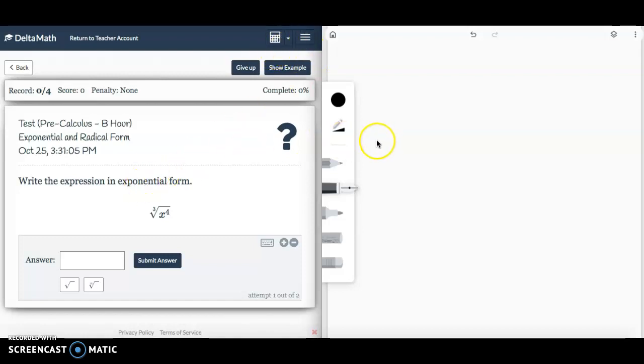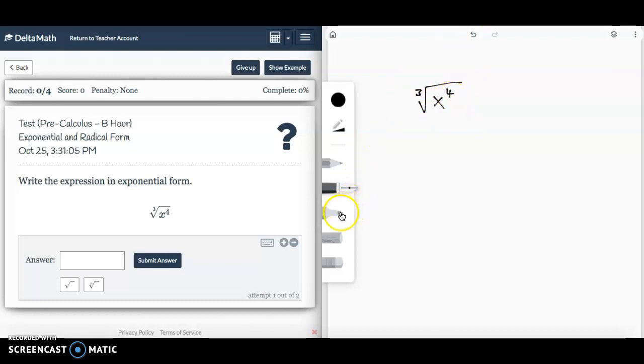So basically, we're talking about writing radicals in exponential form and being able to flip back and forth between them. So in Algebra 2, you learned very briefly about how to rewrite this as an exponent.